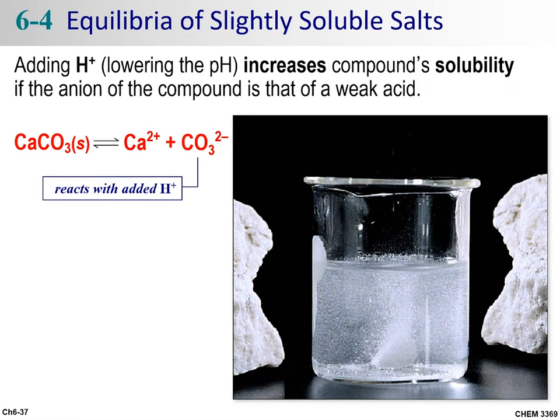So dissolution of calcium carbonate, according to this particular reaction, produces calcium and carbonate ions. Now, when you add acid to the saturated solution of calcium carbonate, the carbonate ion can react with the acid, with H+ ions, and it will make bicarbonate.